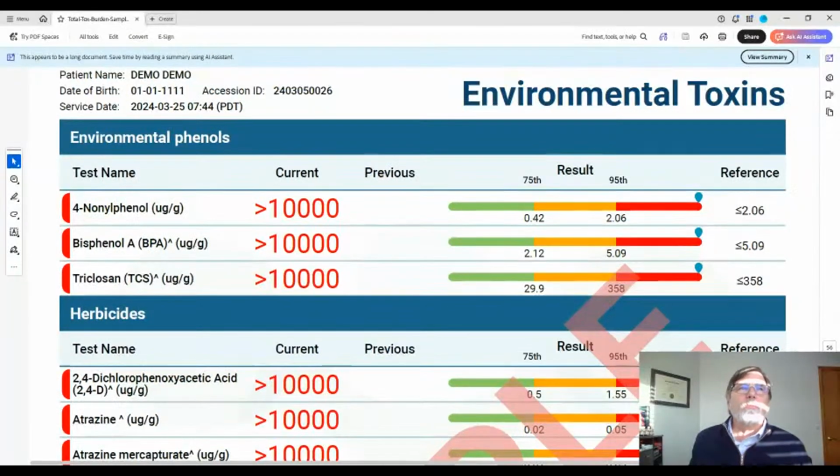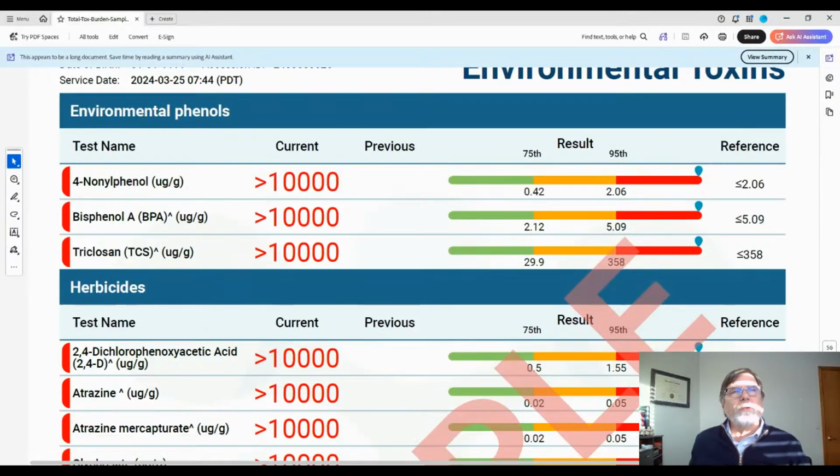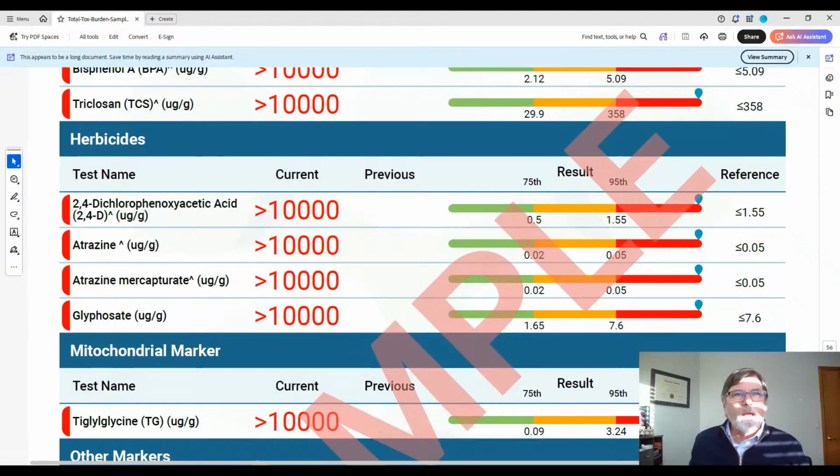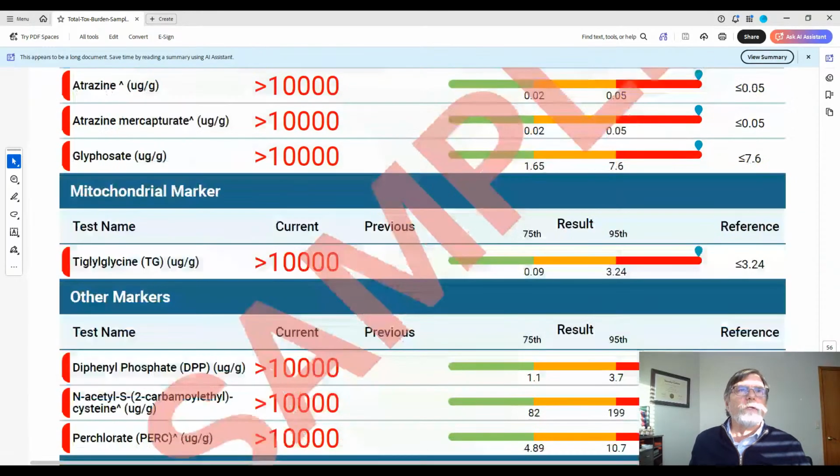So maybe you would have just bisphenol A, and that would be up in the summary, but nonylphenol and triclosan would be normal. And then maybe you would have one herbicide, like glyphosate, and the others would be normal. So only glyphosate would be in the summary.